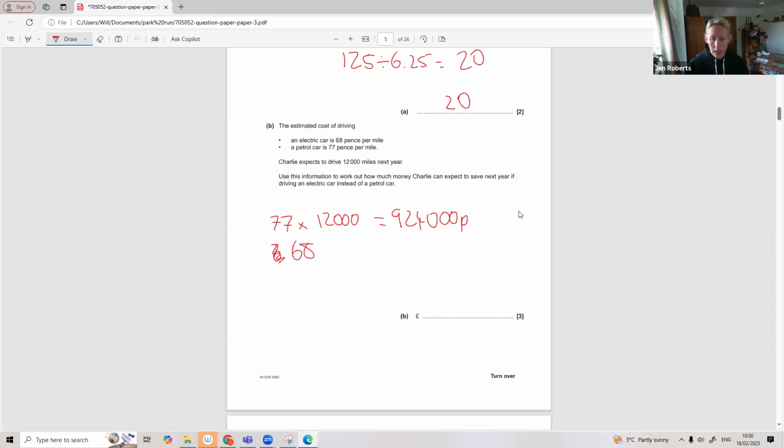So you need 68 times 12,000. 816,000 pence. I'm going to subtract these. I want to know how much money he's going to save. So 940,000 subtract 816,000 is 108,000 pence. So you want your answer in pounds here. To do that, divide by 100, which is 1080.